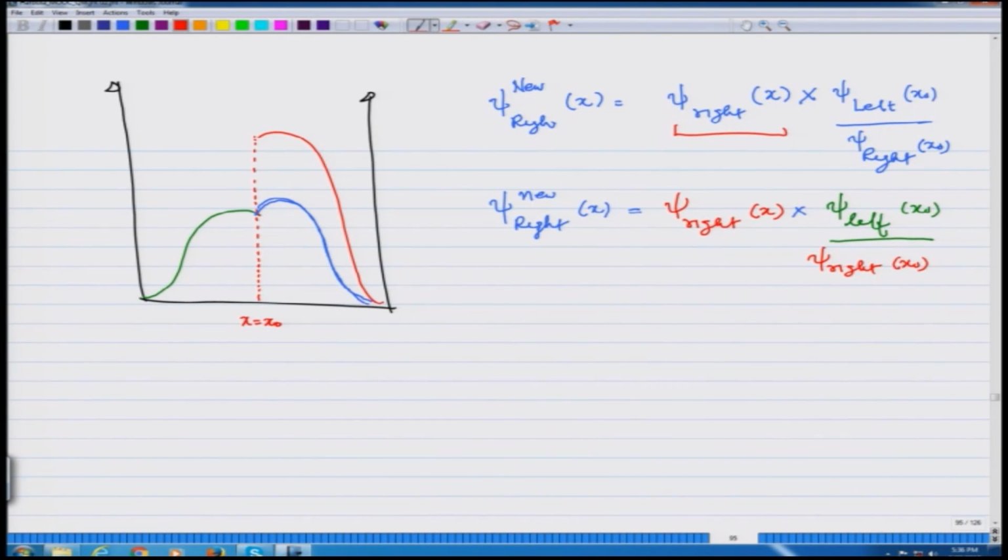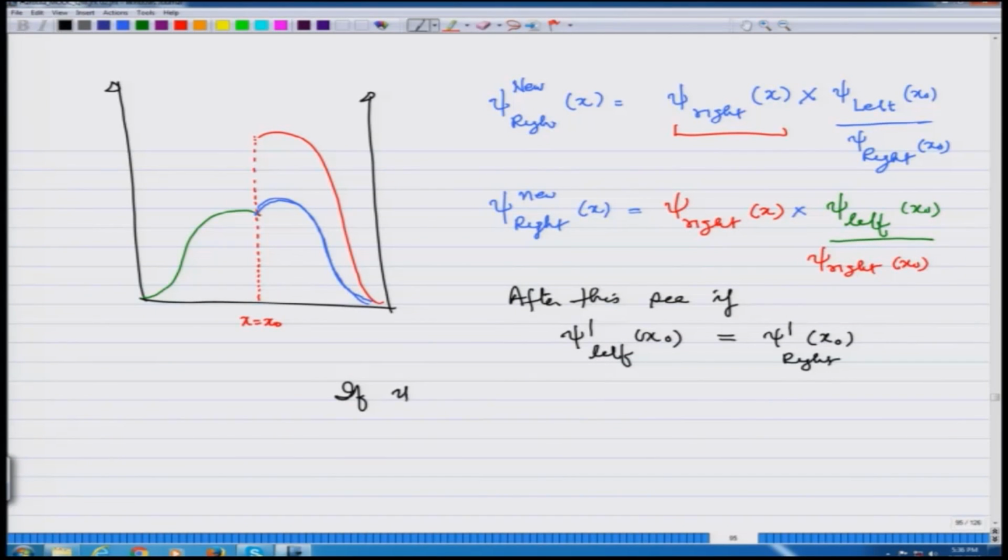And then after that, this is step 1, and after this see if psi prime left x 0 is same as psi prime x 0 coming from right. If it is not, the solution is not acceptable.